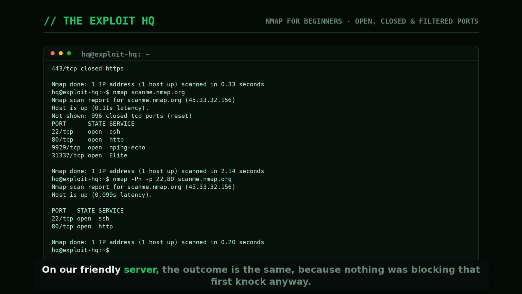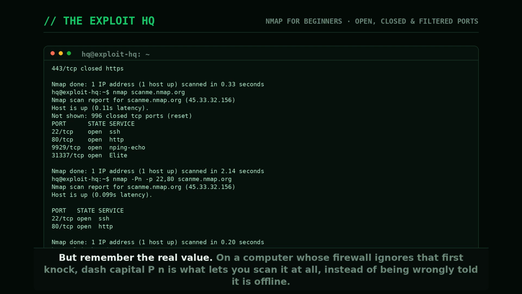On our friendly server, the outcome is the same, because nothing was blocking that first knock anyway. But remember the real value. On a computer whose firewall ignores that first knock, capital PN is what lets you scan it at all, instead of being wrongly told it is offline.